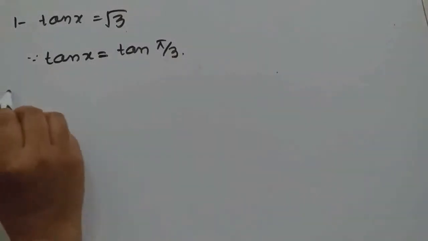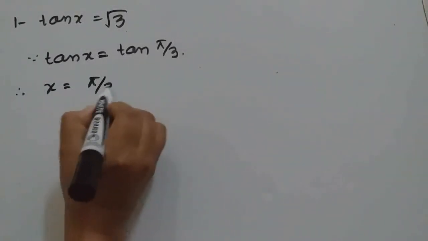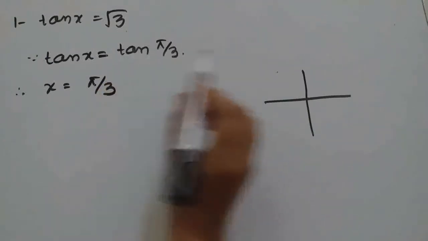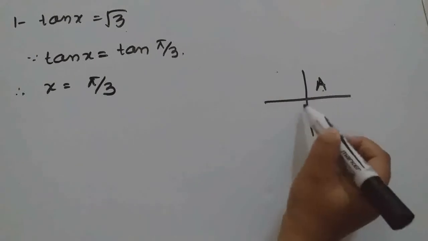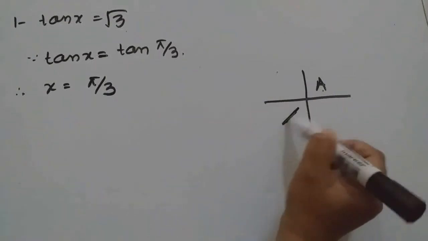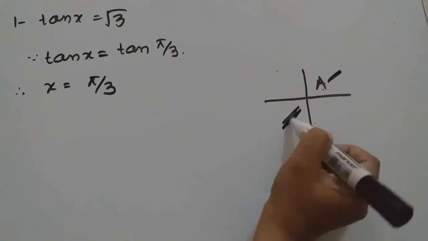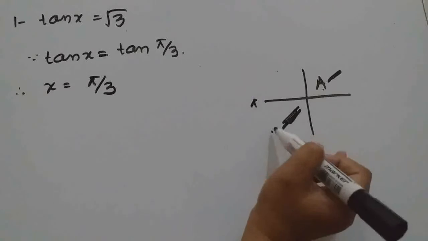For the other value we should check. Tan here is positive, isn't it? So in the first quadrant we got 60. Now in the third quadrant we should get one, because tan is positive in the first and third quadrants. In the third quadrant, how can we reach there? Pi plus pi by 3.